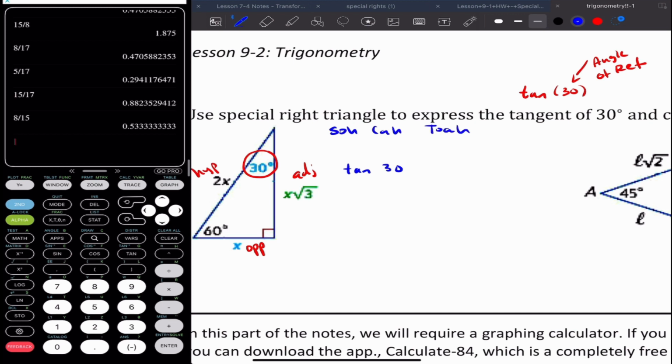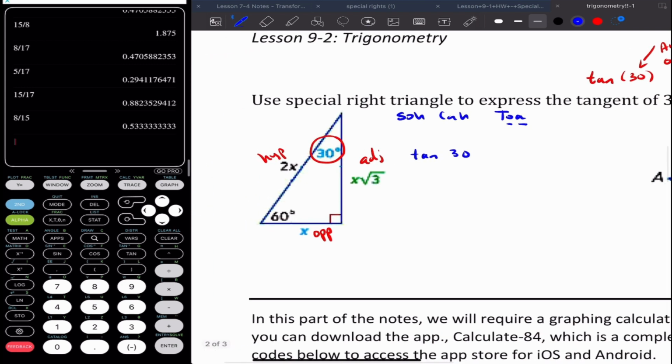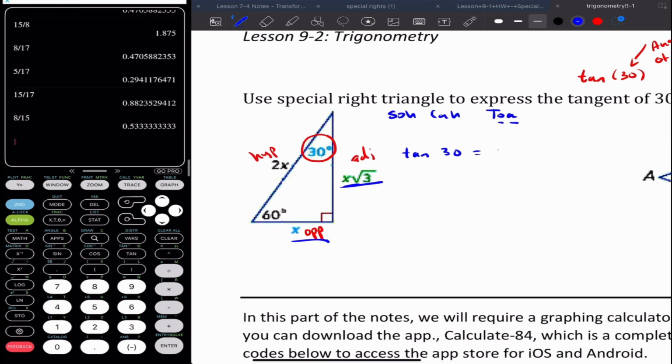So we know that tan is TOA. If I'm talking about tangent of 30, I'm using opposite over adjacent. So here's opposite, here's adjacent. So it's O over A.